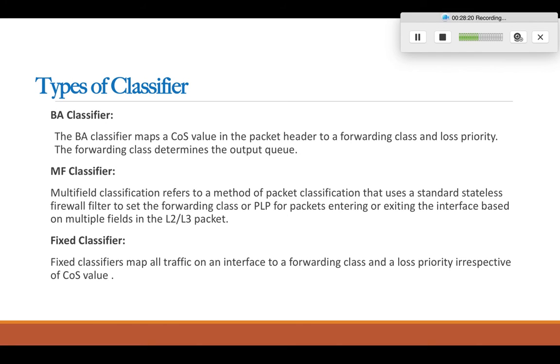If you apply the fixed classifier and map it to a specific egress queue, it will simply assign the packet to the respective egress queue. So I will show you how to configure fixed classifier on the EX4300 platform.